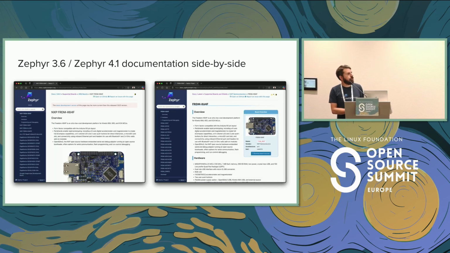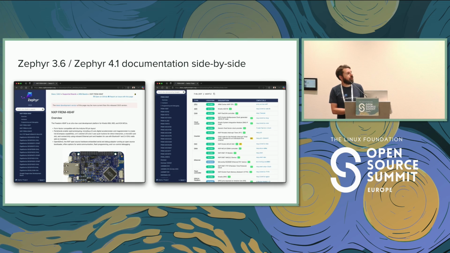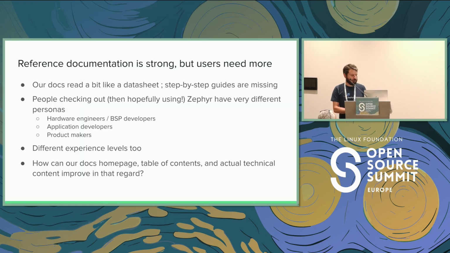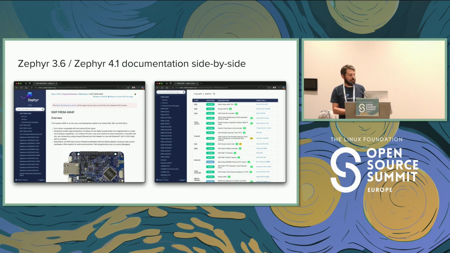It looks overall better, I hope, including what you see on the right-hand side, showing you the list of supported features that a given board has. If someone already did the work of writing a flash driver for this particular board that you're interested in, you know immediately whether it's available. So that's some of the things that happened.